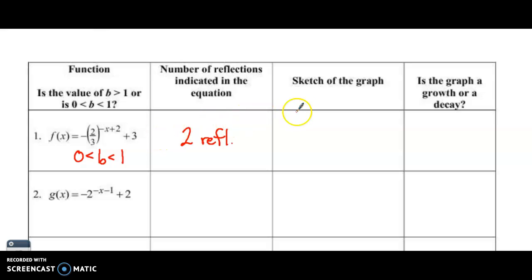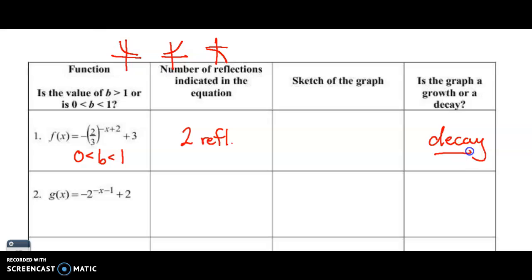So if we think about how the base is smaller than 1, it would typically, I'll just draw it right here because I want to examine this. And we reflect it over the y-axis first. It looks like this. But if we reflect that new one over the x-axis, I'll just kind of put it right here, it goes back to being a decay problem.